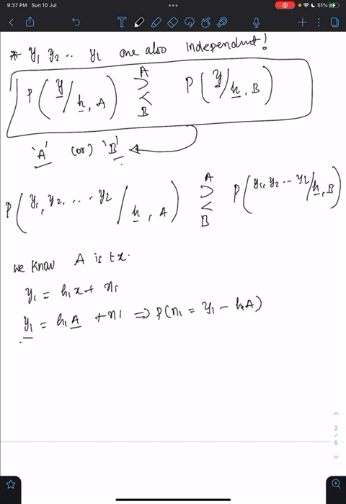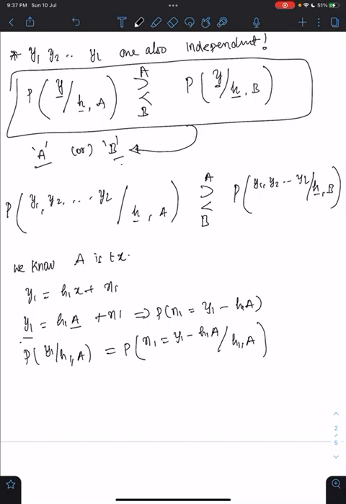So my statement is the probability of y1 given h1a is nothing but the probability of n1 equals y1 minus h1a given h1a.